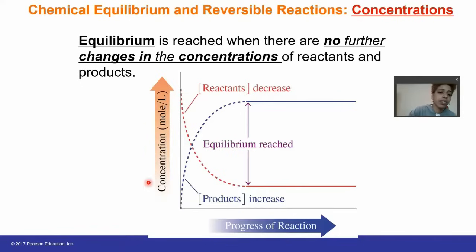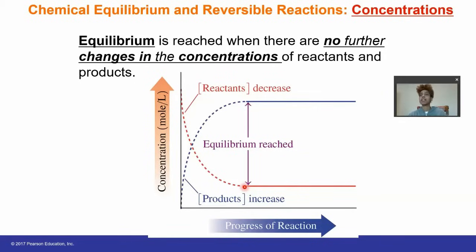If we're looking at concentration on our y-axis, at the beginning of the reaction, we have high concentration of reactants, low concentration of products. We rapidly lose reactant, rapidly gain product. It gets to a point where the concentrations no longer change.